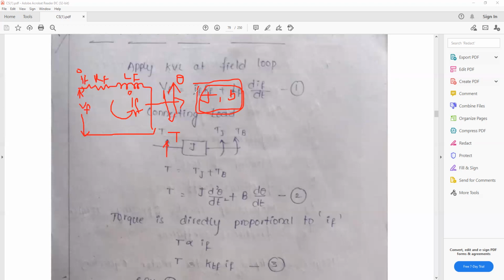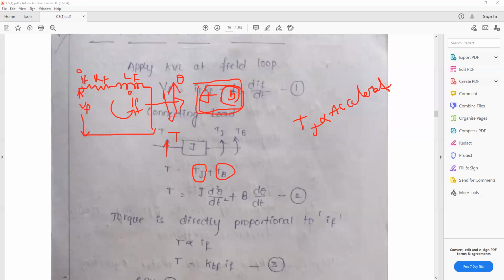Tj, moment of inertia opposing torque, and frictional coefficient opposing torque Tb. Moment of inertia opposing torque Tj is directly proportional to angular acceleration.